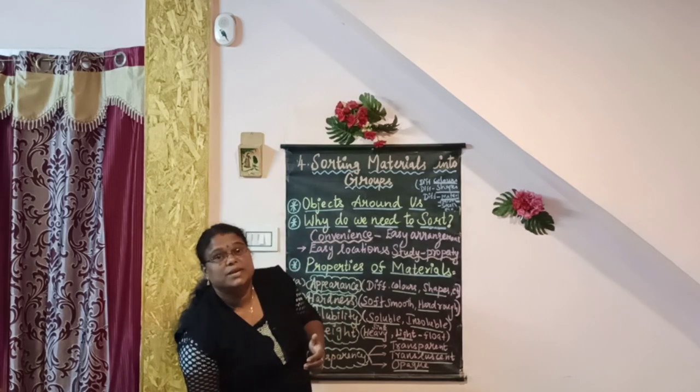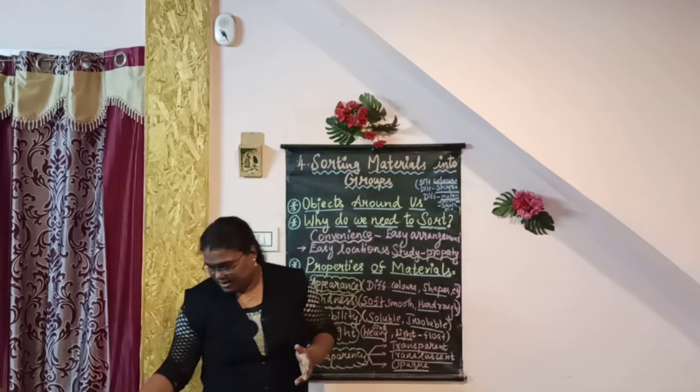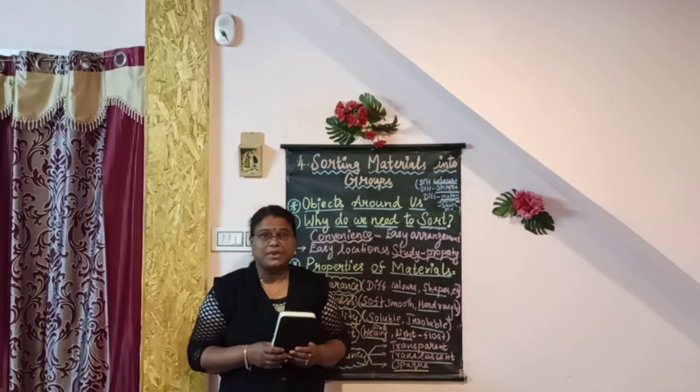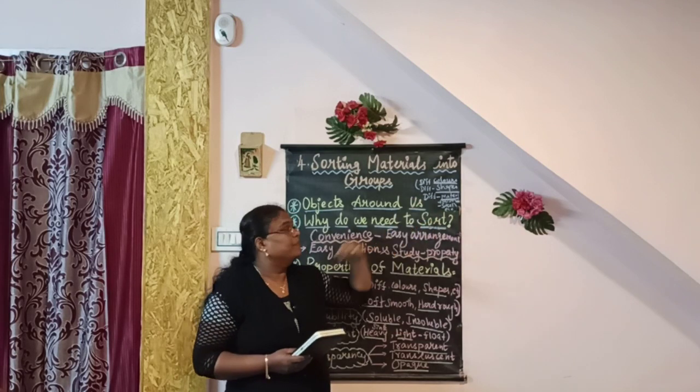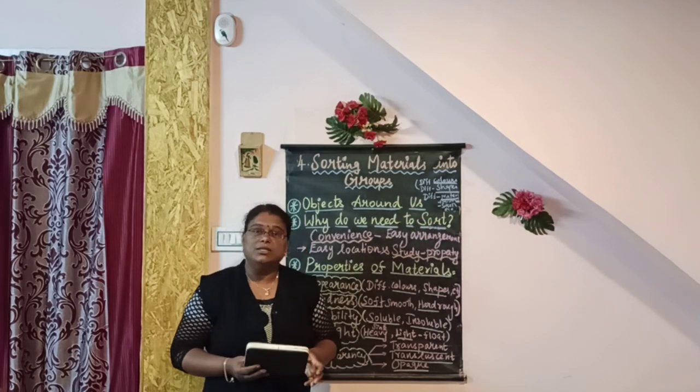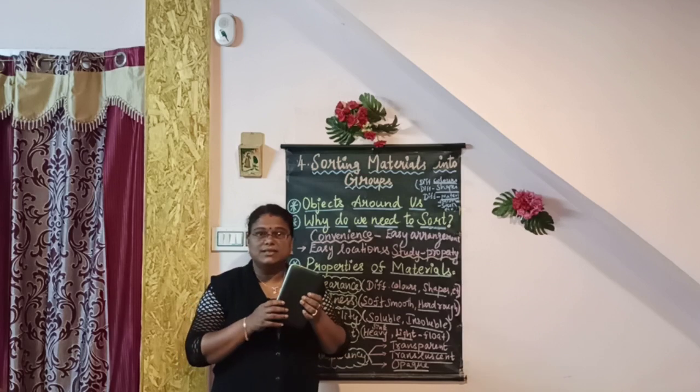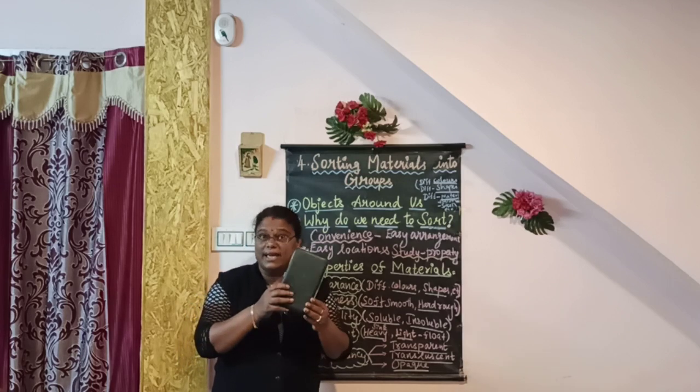Some objects I am going to show to you, and also we are going to see different colors, shapes and different materials which the objects are made up of. And this is a purse which is made up of leather.